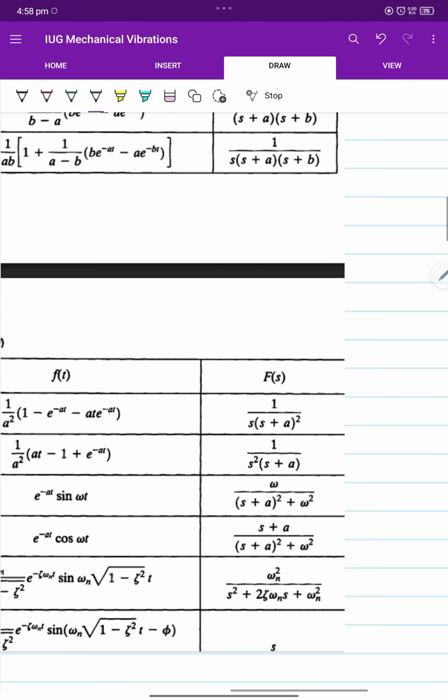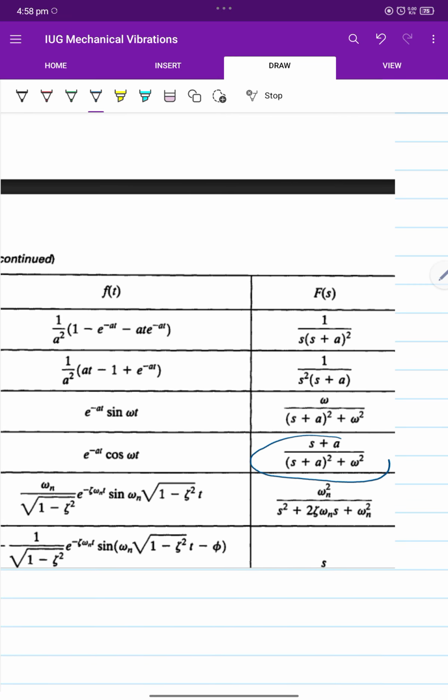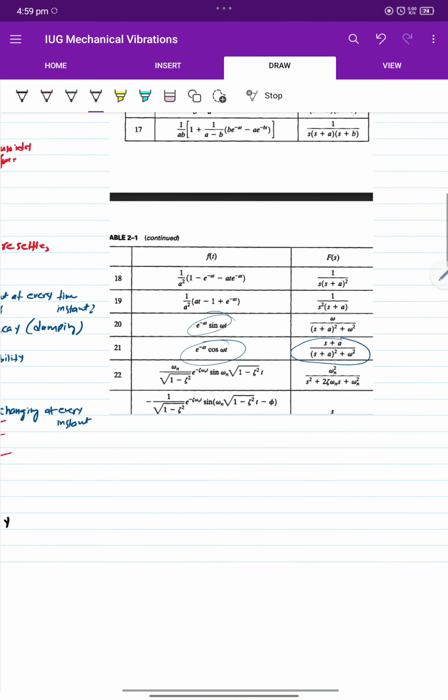Like this one. So we had two different expressions. The first expression was s plus a divided by s plus a square plus omega squared, which becomes e exponent minus at cos omega t. The second expression was omega divided by s plus a square plus omega square. It turns to e exponent minus at sine omega t.